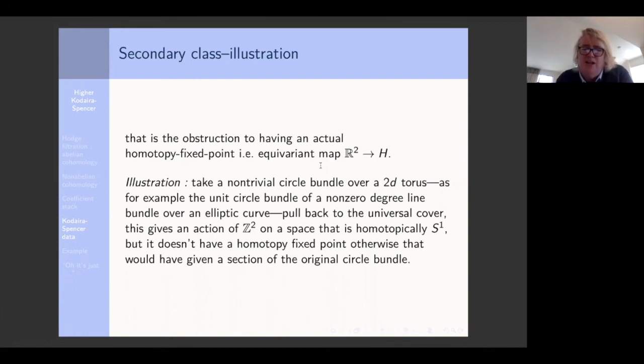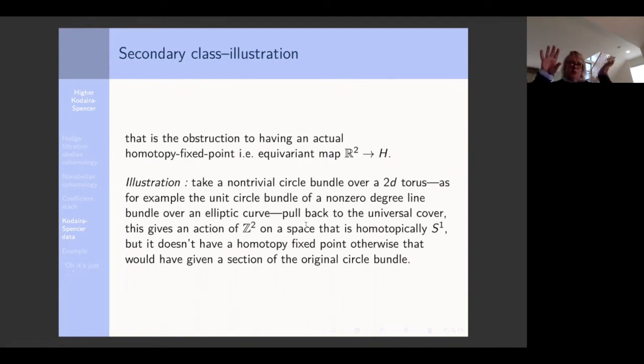I would claim that everybody knows this, in fact. If we take a non-trivial circle bundle over a two-dimensional torus, so we take the unit circle bundle of a non-zero degree line bundle over an elliptic curve, and pull back to the universal cover, which is R2, then we get an action of the fundamental group, which is Z2, on the circle bundle over the universal cover.